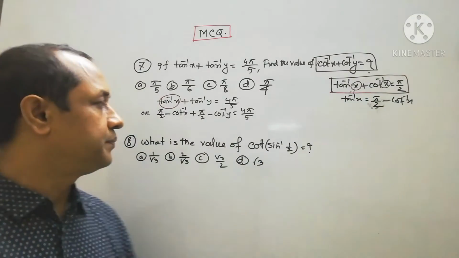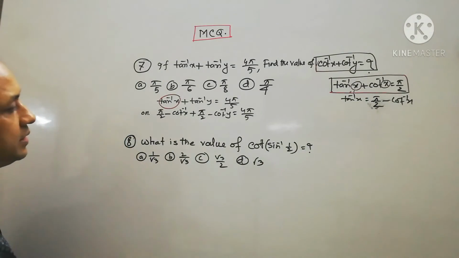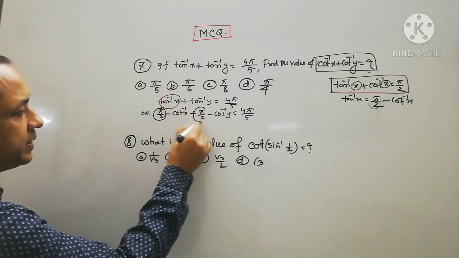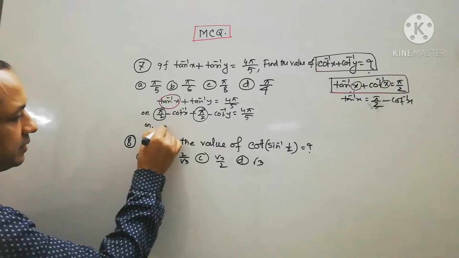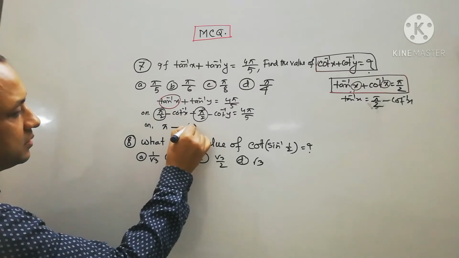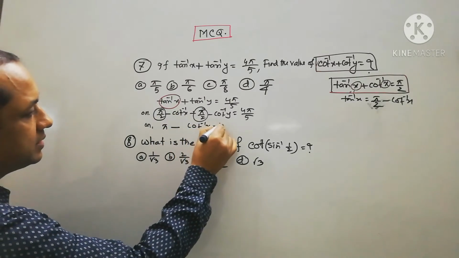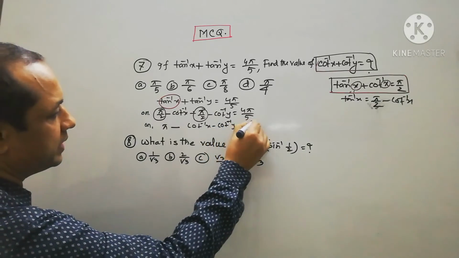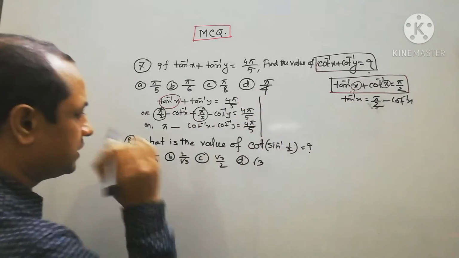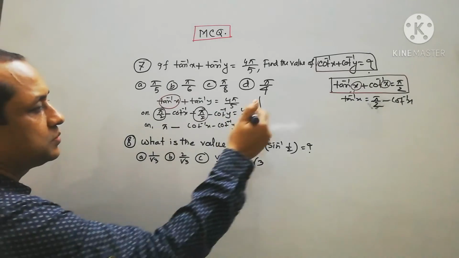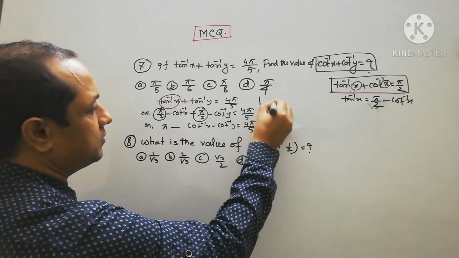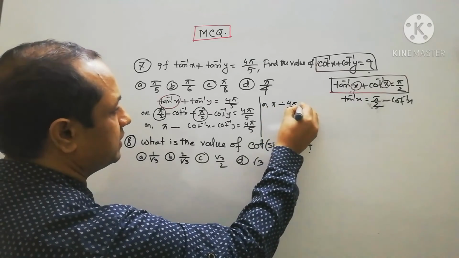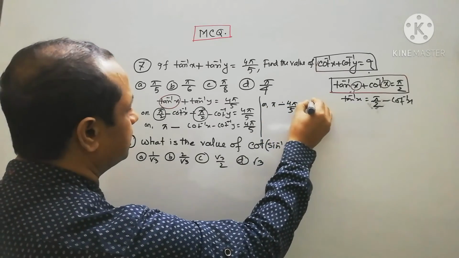Using this formula, we get pi by 2 plus pi by 2 equals pi, minus cot inverse x minus cot inverse y equals 4 pi by 5. Now take it to the left side: pi minus 4 pi by 5 equals cot inverse x plus cot inverse y.